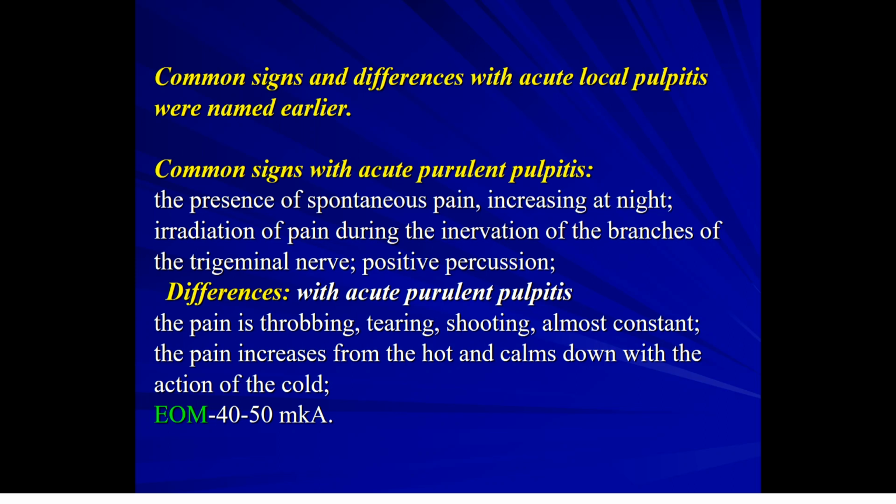And what are the differences? With acute purulent pulpitis, the pain is throbbing, tearing, shooting, almost constant. The pain increases from heat and calms down with the action of cold. Electroodontometry 40 to 50 microampere.